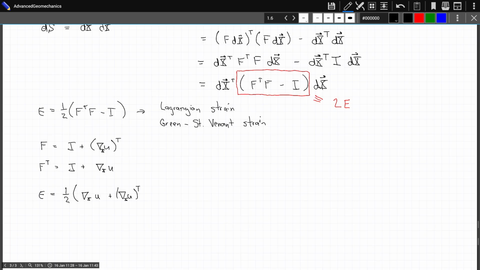Plus, or in indicial notation, this is partial u_i partial big X_j plus partial u_j partial big X_i plus the nonlinear term.